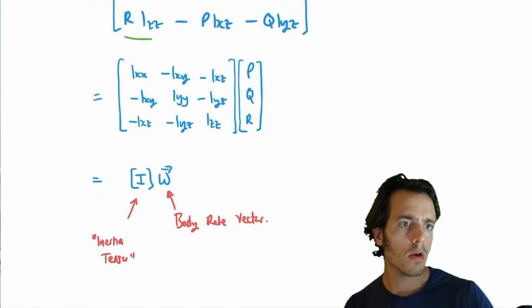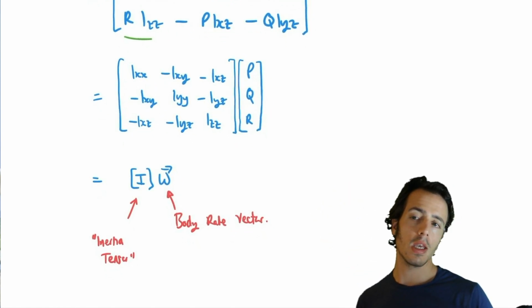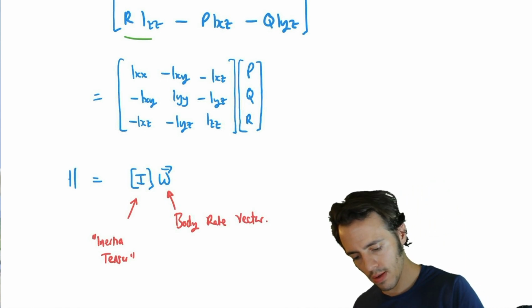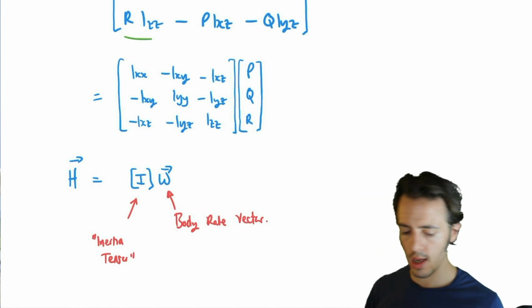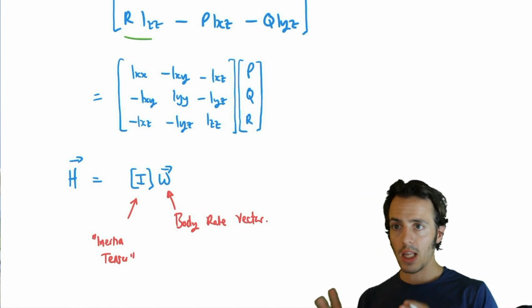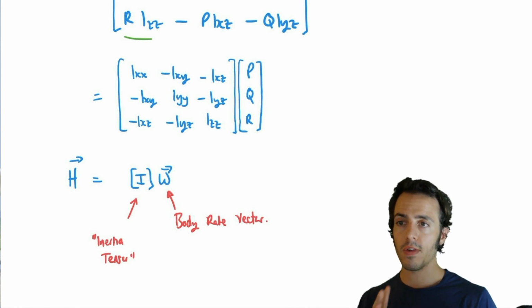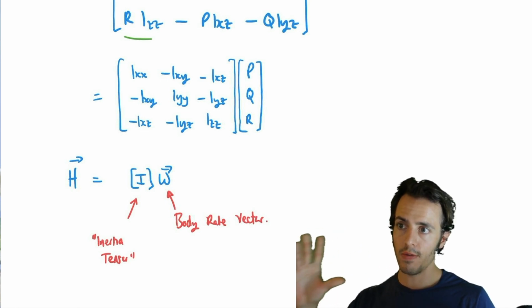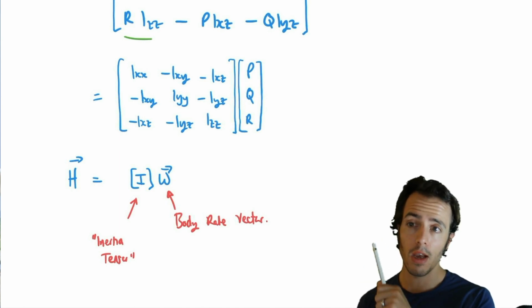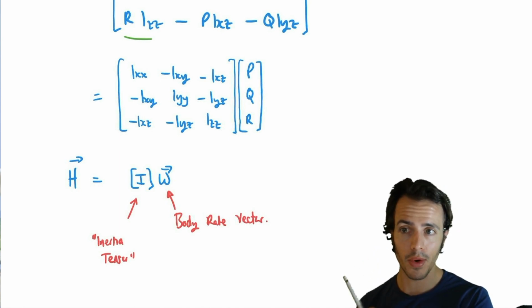What we need to do is determine the absolute rate of change of angular momentum. So here I've got the angular momentum of the whole aircraft defined as a product of the inertia tensor and the body rate vector due to aircraft rotation. Now this is defined in aircraft body axes.